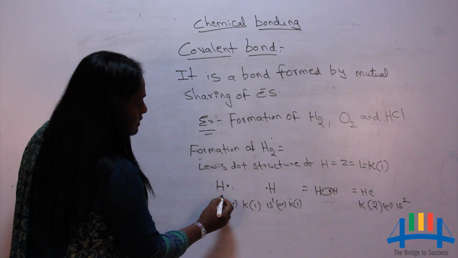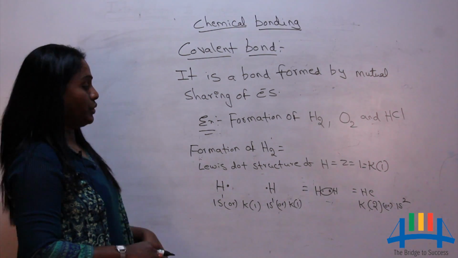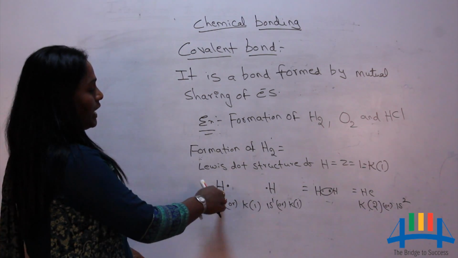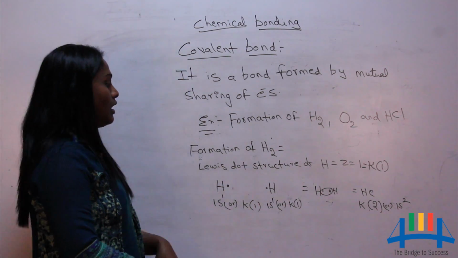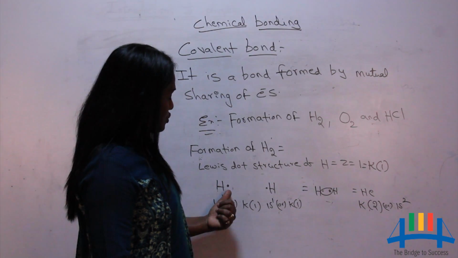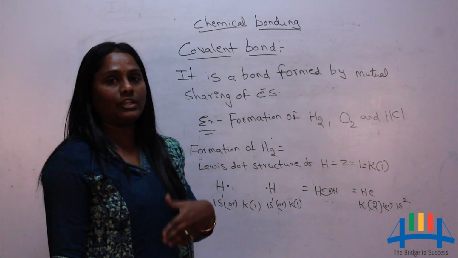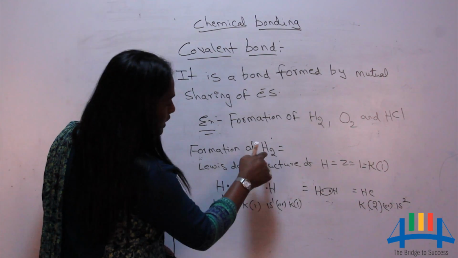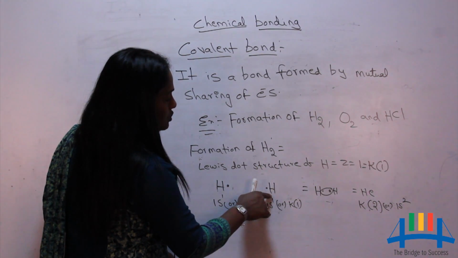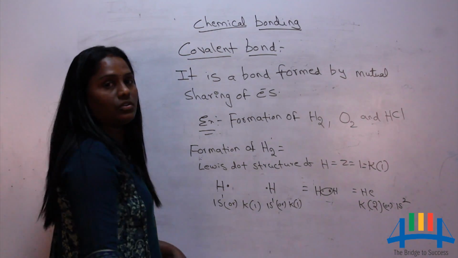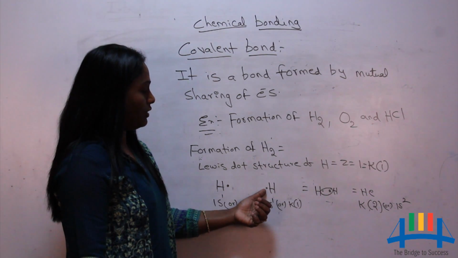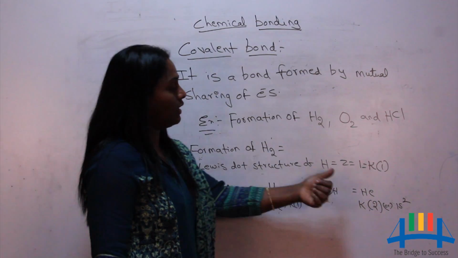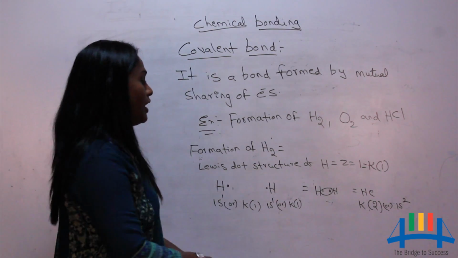But hydrogen has only one electron. To get one more electron like helium, it should gain one more electron. That's why it has to take one more electron from another element. The other element we have taken in H2 is also hydrogen, and this hydrogen also wants one more electron to get the helium configuration.